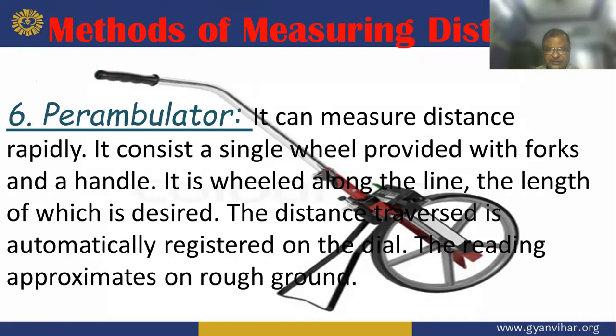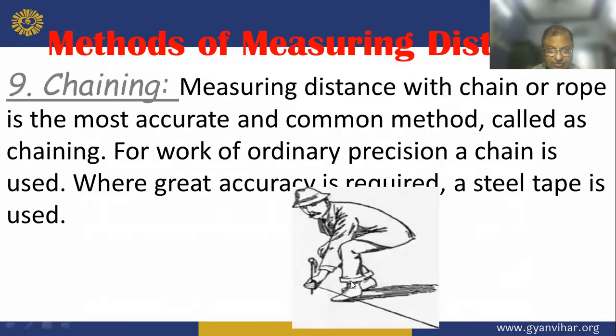It can measure distance rapidly, and it consists of a single wheel rolled down the line, the length of each revolution known. So the distance is automatically registered. Now, the most accurate and common method is called chaining.